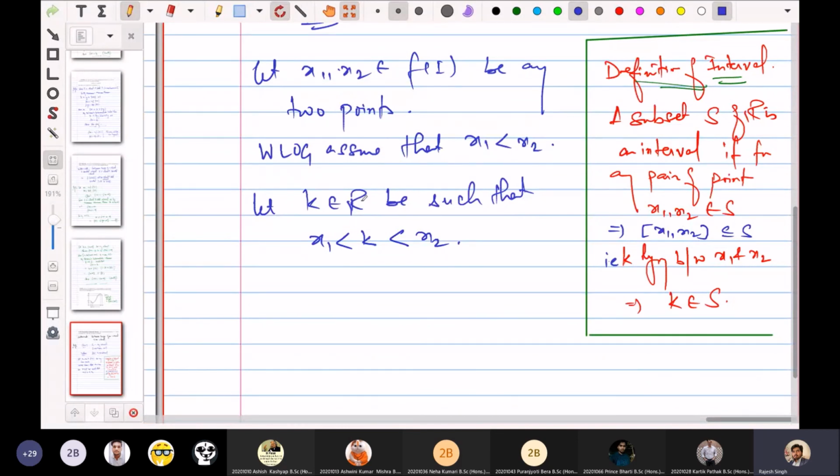So ये मतलब है इसका, ठीक है। So we are picking any k in [x1, x2]. Now we want to show that this k belongs to f of I. How will it belong to f of I?